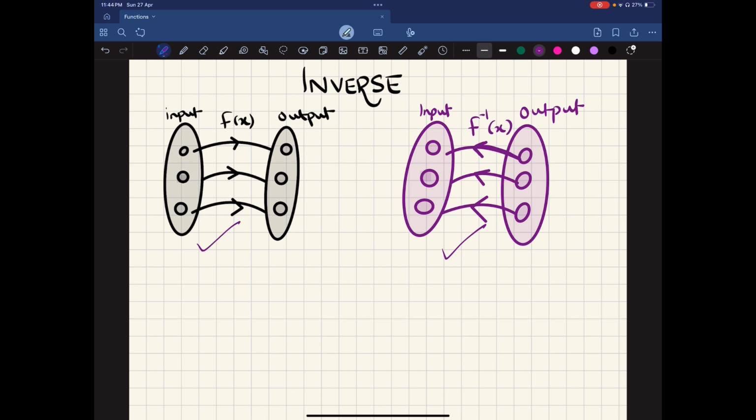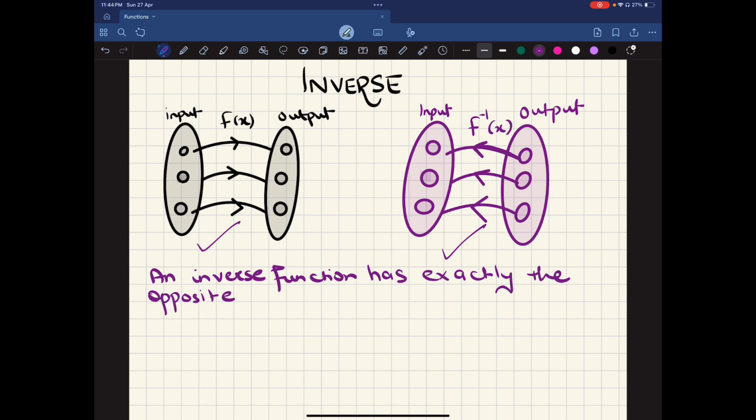What is an inverse function? An inverse function has exactly the opposite effect of that of a given function. Okay?